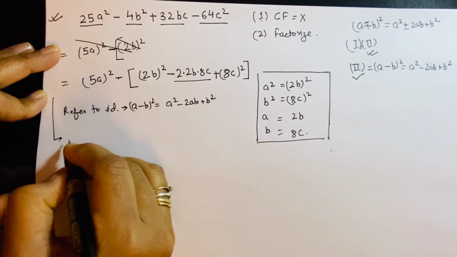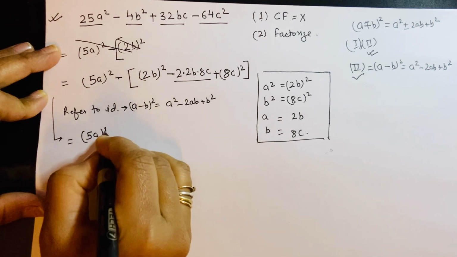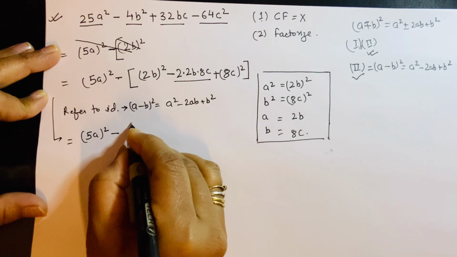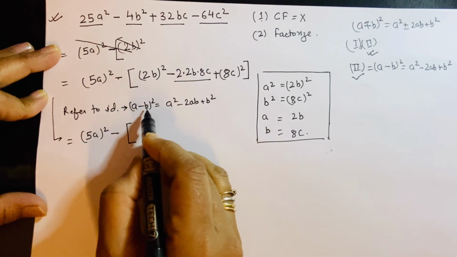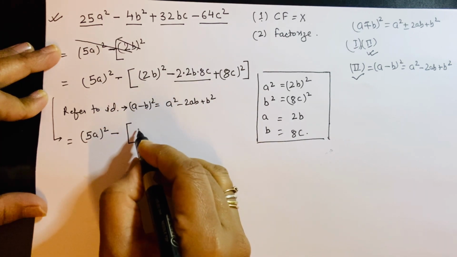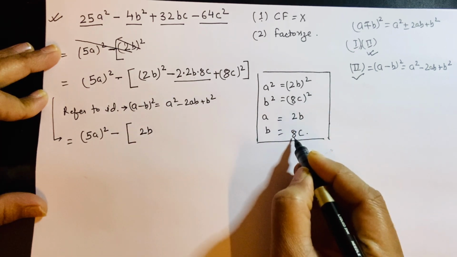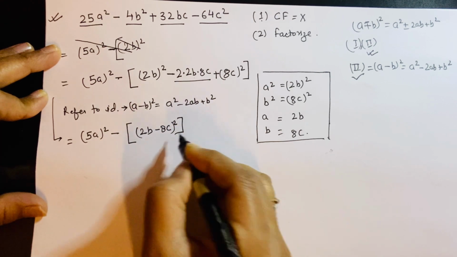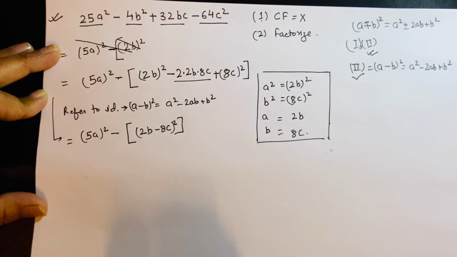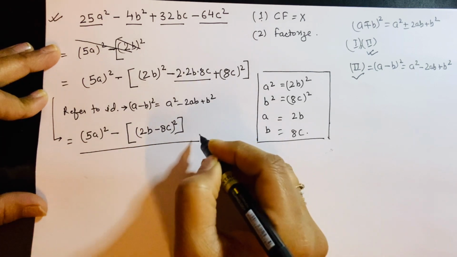The answer is here. The next step is 5a whole square, we will keep it the same, minus, inside the bracket you will convert this into a minus b whole square. So what is a here? 2b minus 8c whole square. So now this is your next equation that you have to start focusing on.